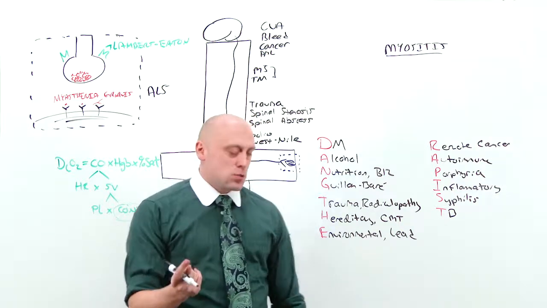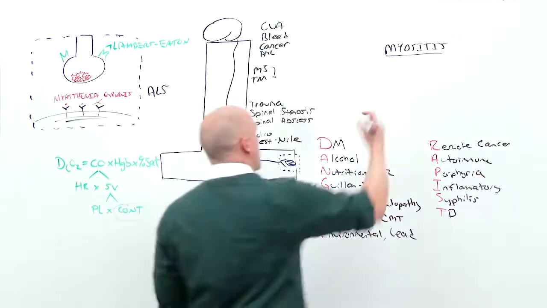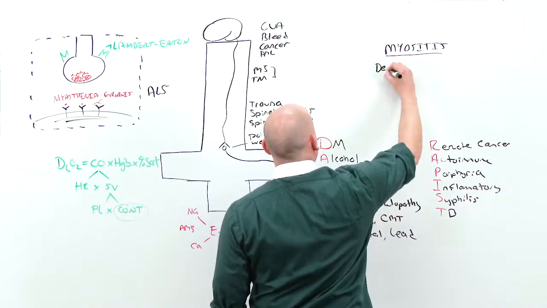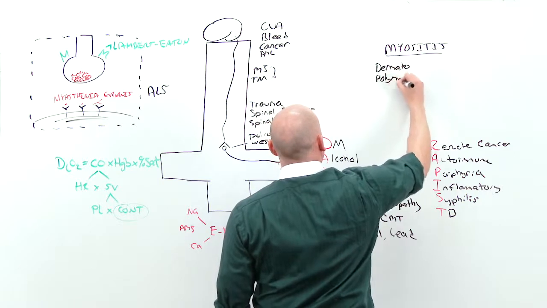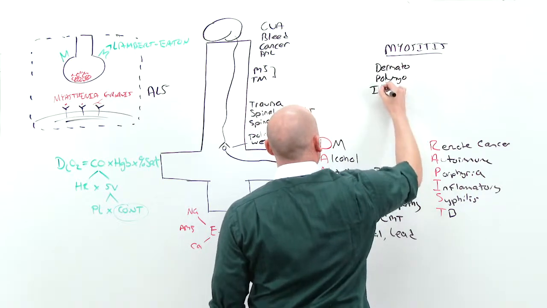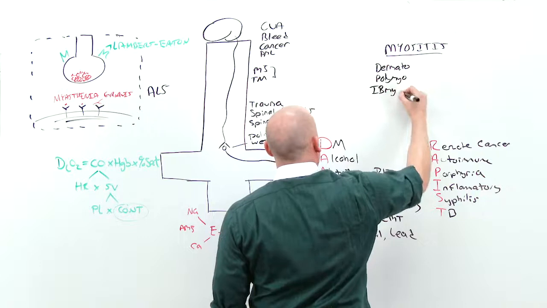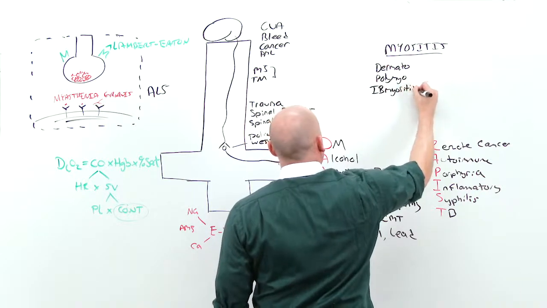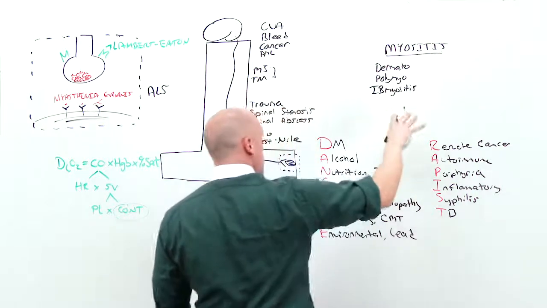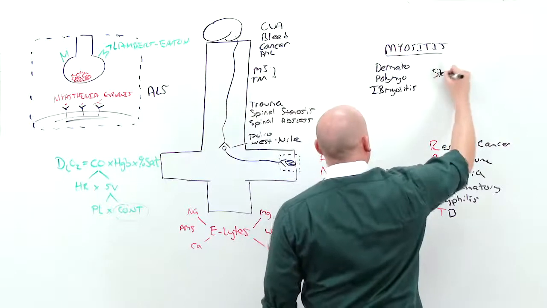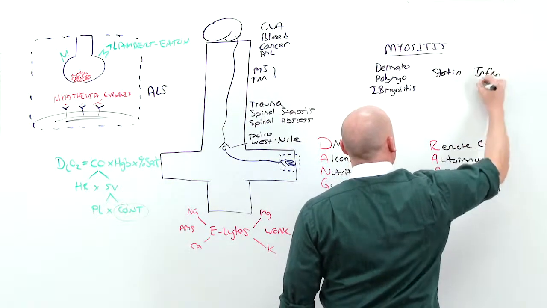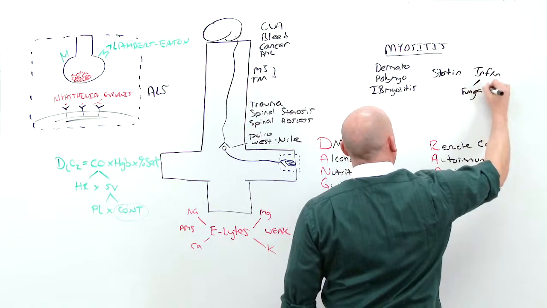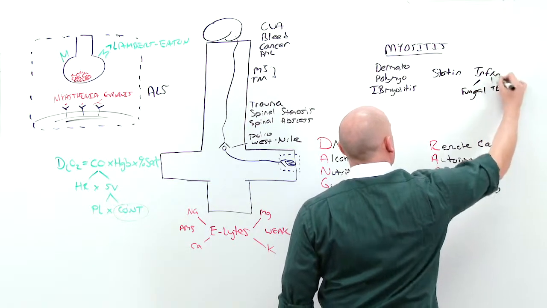Turns out not to be true for inclusion body, but it is true for dermatomyositis and polymyositis. Inclusion body is super rare and just doesn't cooperate. Other causes, though, of myositis can be statin-induced myopathy and certain infections, especially fungal, and for the immunocompromised, TB and bacterial.